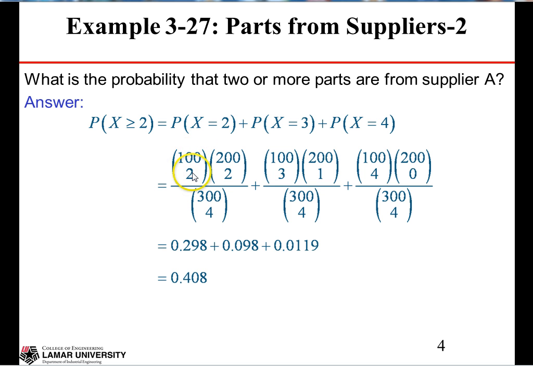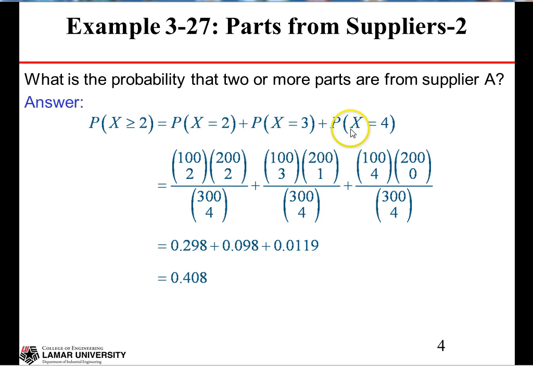You see select 2 out of 100 and select 4 minus 2 equal to 2 out of 200, divided by select 4 out of 300, plus select 3 out of 100 and the rest, 1 out of 200, still divided by select 4 out of 300.